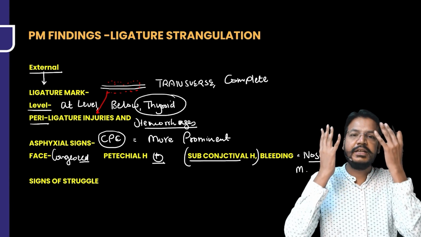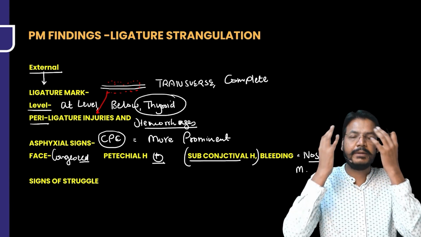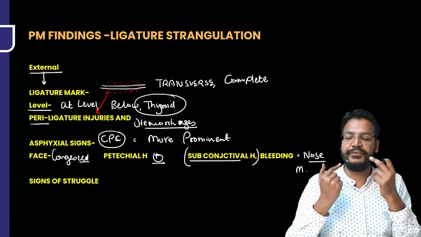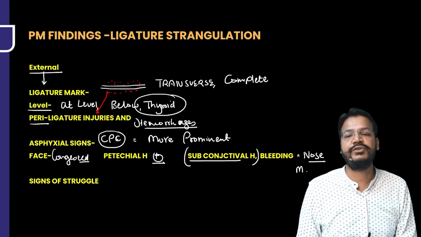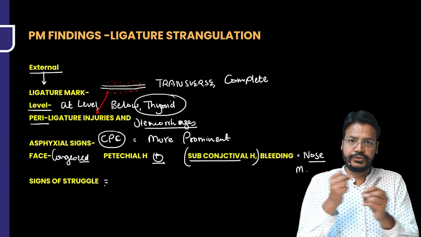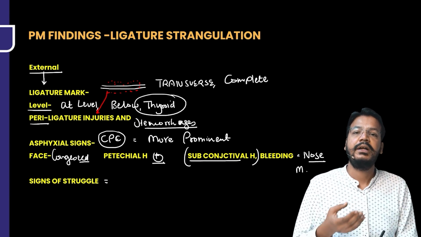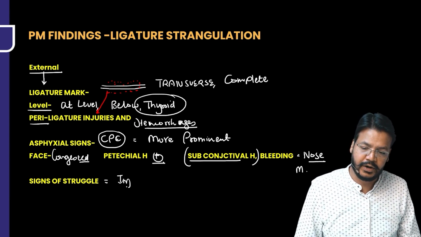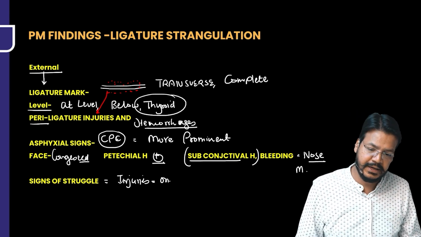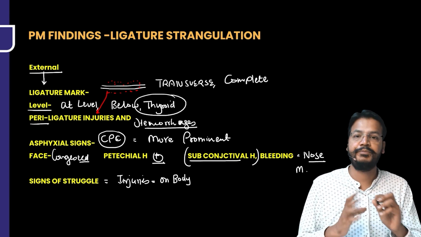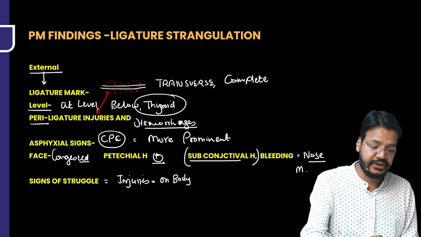Because of the pressure, this whole area, the face is congested, subconjunctival hemorrhage, petechial hemorrhage on the face. These are the findings which are seen. Bleeding from the nose, these findings can be seen in ligature strangulation. Sign of struggle. If you struggle, there will be some injuries on your body. Because mostly it's homicidal, there will be some injuries on your body. So these are the findings of ligature strangulation.